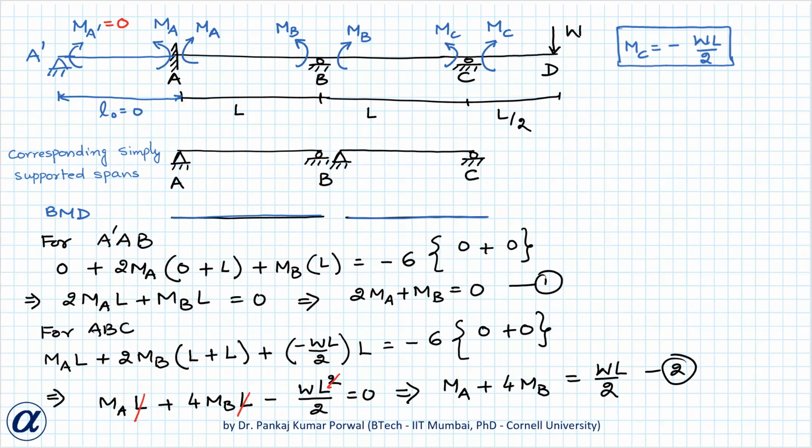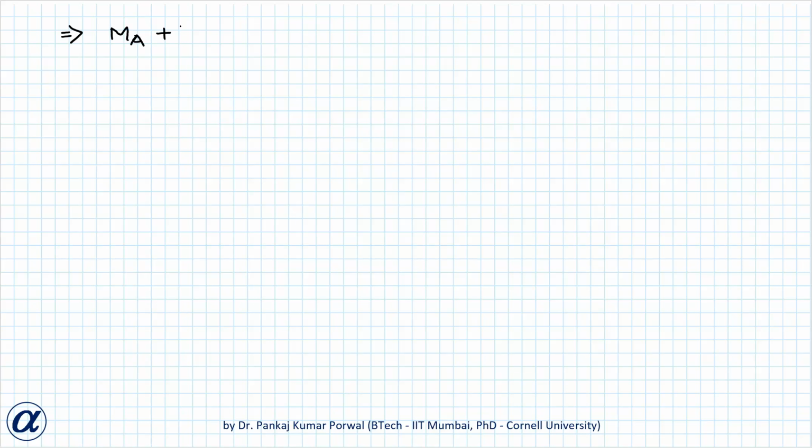So I can substitute value of MB from equation 1 into equation 2. So this gives me MB equals to minus 2MA. This I can substitute in place of MB. So I get minus 7MA equals to WL by 2.